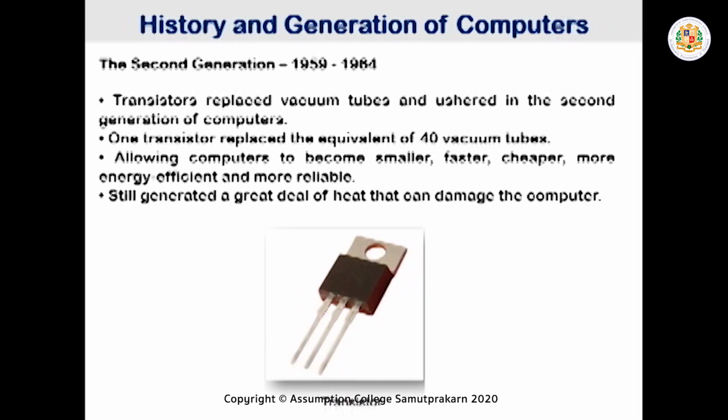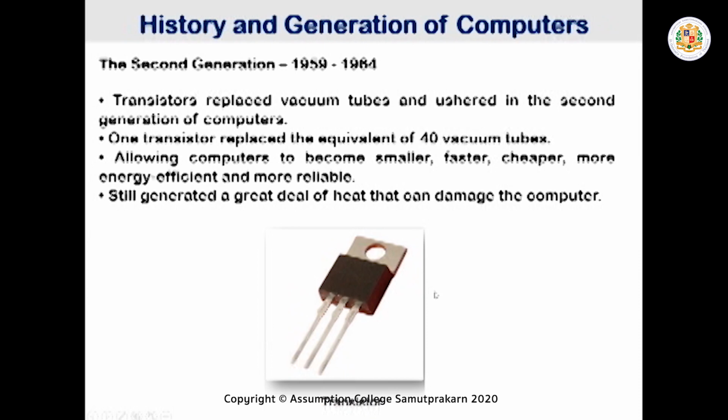Next, we have the second generation, which already uses transistors, in 1959 to 1964. Transistors replaced the vacuum tubes. So they upgraded, they don't use the vacuum tubes anymore, and now they use the transistor. It looks like this one. One transistor replaced the equivalent of 40 vacuum tubes.